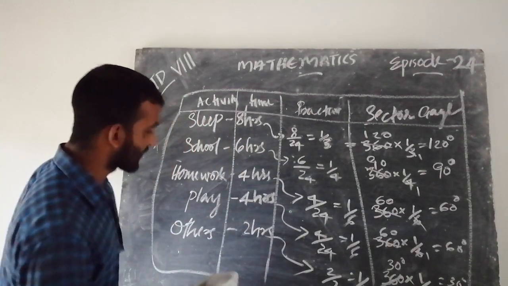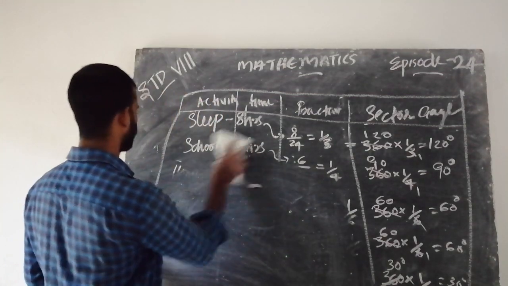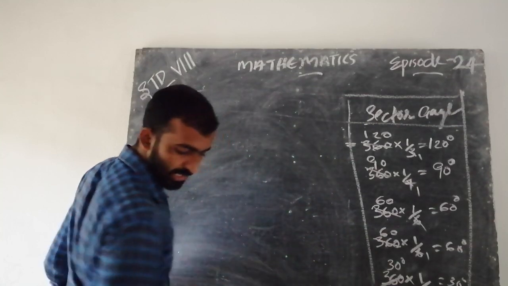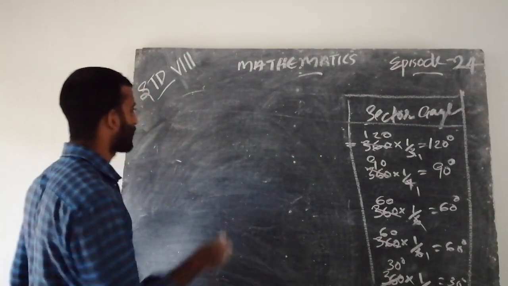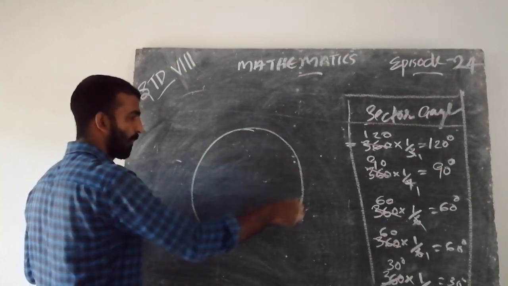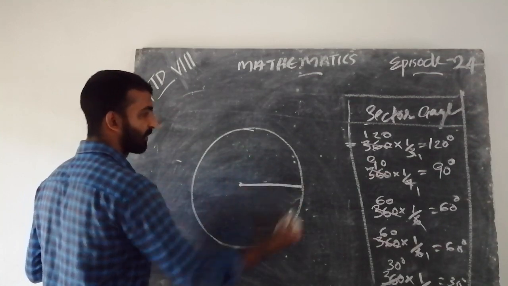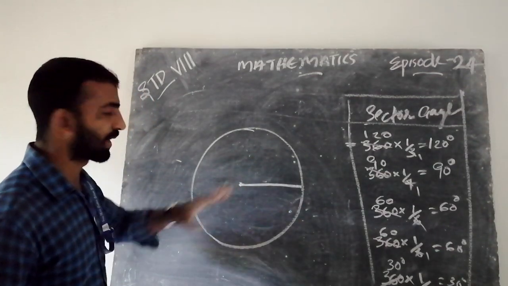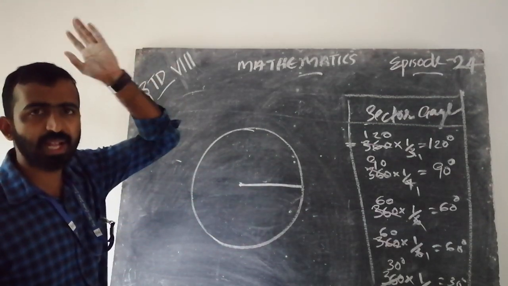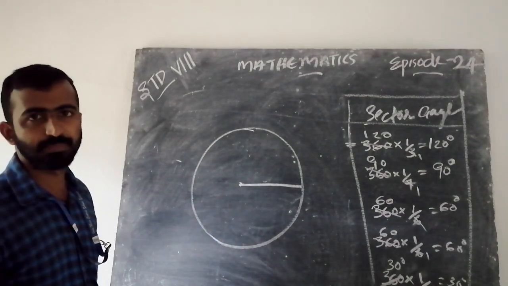Next we draw a circle. The circle radius is as you like. First we draw a line or radius. You can take radius as 4, 5, 6, 7, etc. Here I take 6.